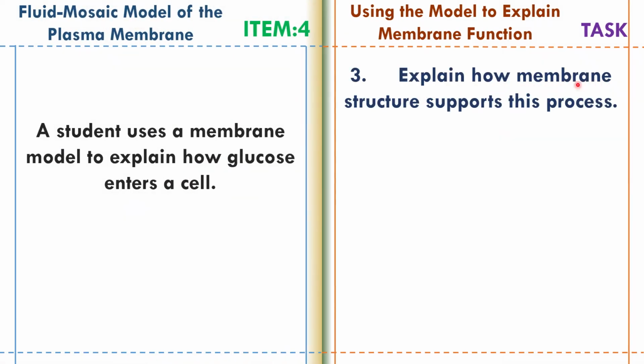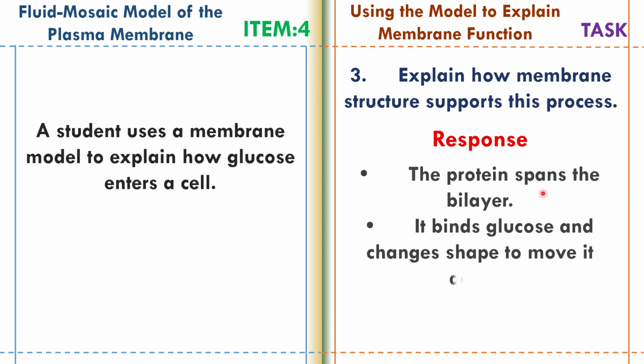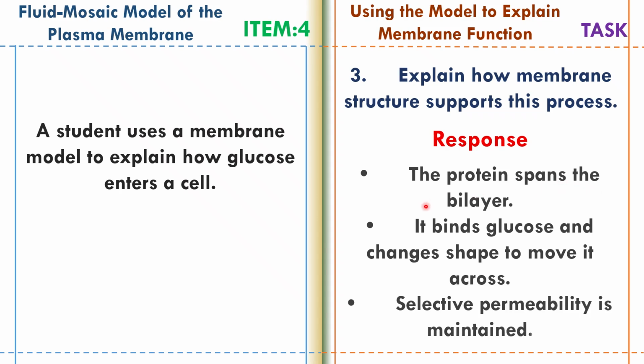Explain how membrane structure supports this process. The protein spans the bilayer. It binds glucose and changes shape to move it across. Selective permeability is maintained.